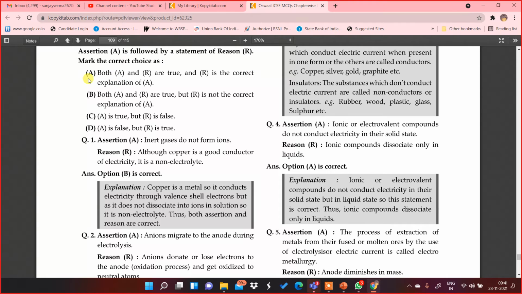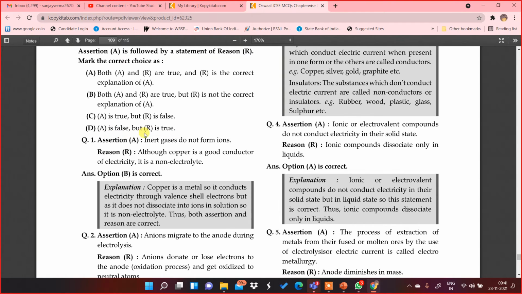That is wrong. Option A is not correct. But if you look at option B, both A and R are true, but R, the reason which they have given, is not the correct explanation of A. So our answer becomes B. The answer is not C also. A is true, but R is false? R cannot be false. A is false, but R is true?